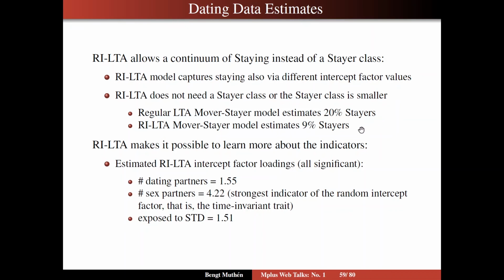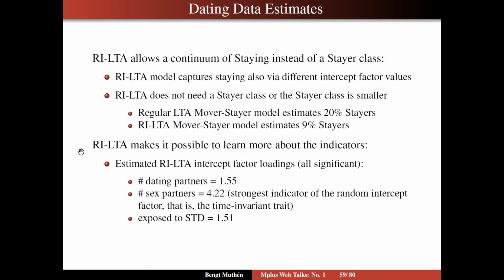And like we said, regular LTA with a mover-stayer component fits the data considerably worse than the RI-LTA model with a mover-stayer component. Now RI-LTA, since it has more parameters, it makes it possible to also learn more about the indicators.